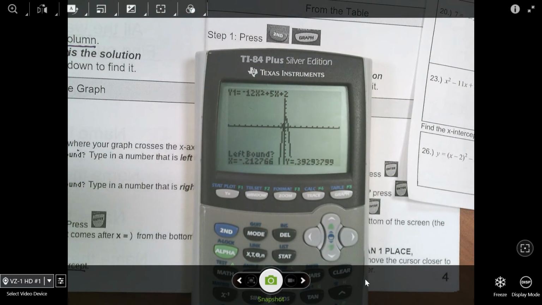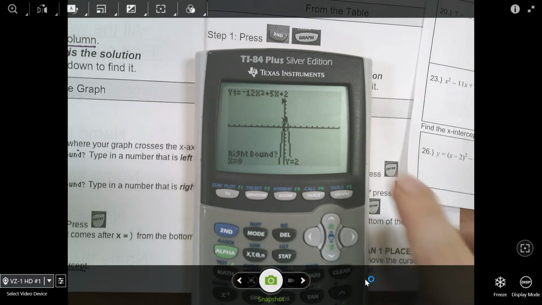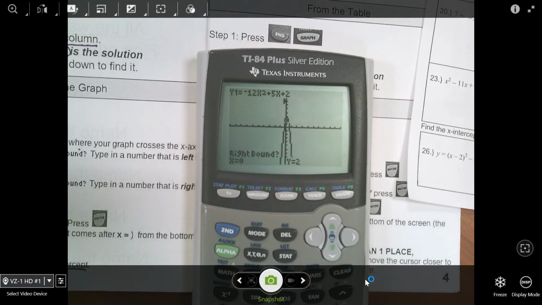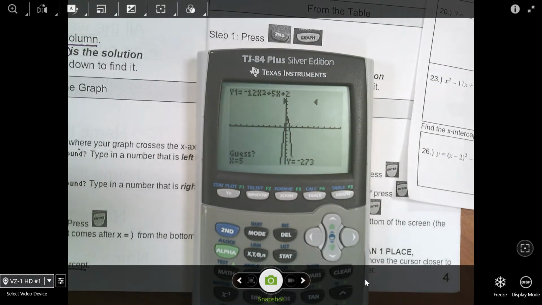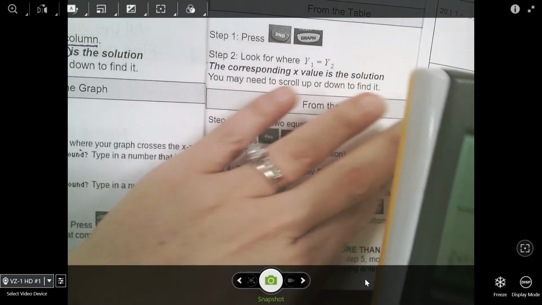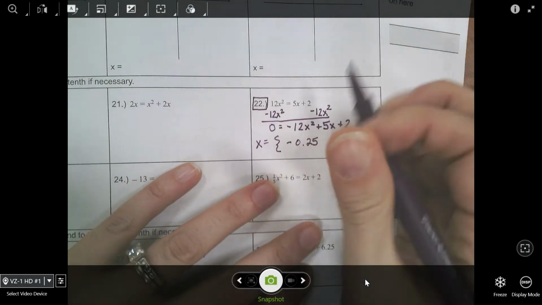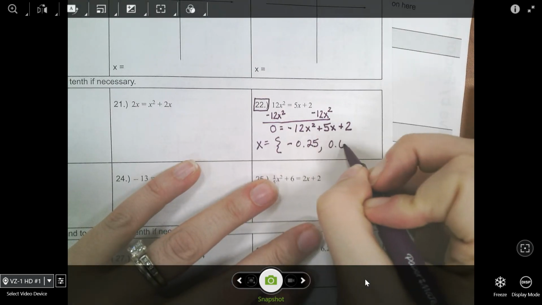So I'm going to say my left bound would be 0. And I could pick anything to the right over here. I'm just going to say 5. Okay, and it says, okay, you want to guess between these 2 spaces? Yes, I do. Enter. And that's my other solution, 0.6666. Okay. So I'm just going to round to the hundredths. So my answer is 0.67.